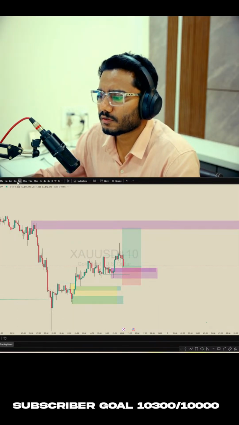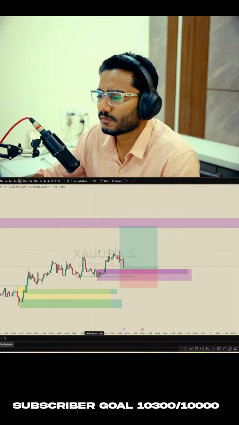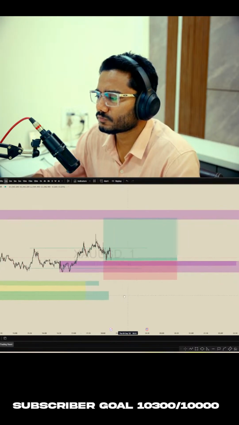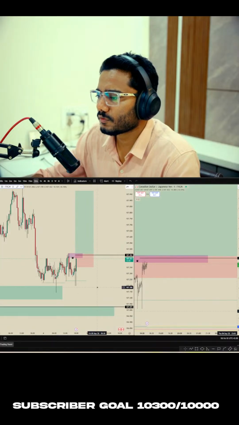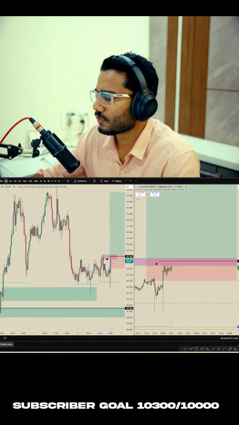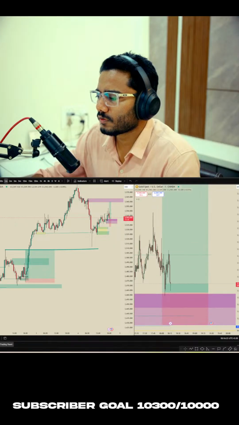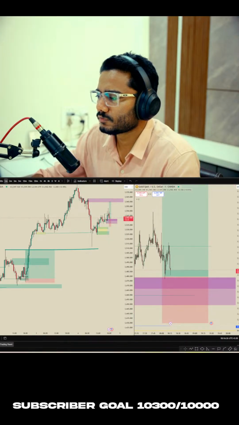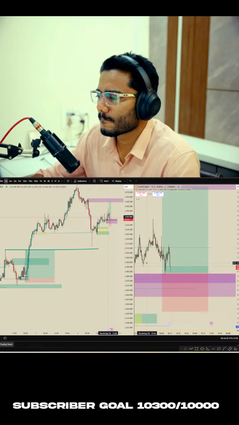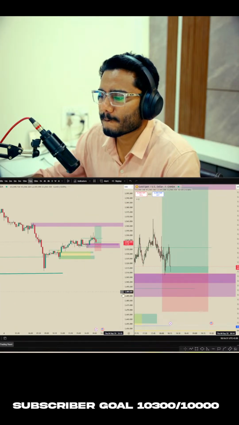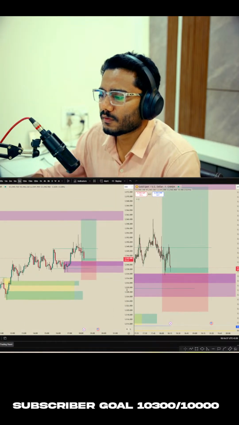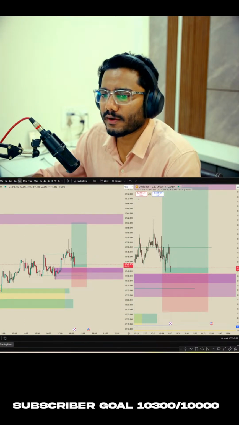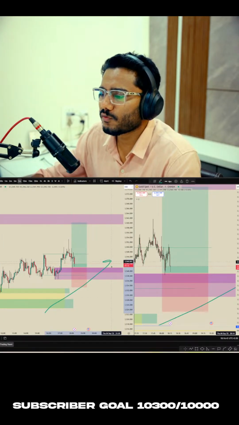Re-entry means first entry, not re-entry. The simple thing is, if you're trading the trend, then you can look for direct entries.